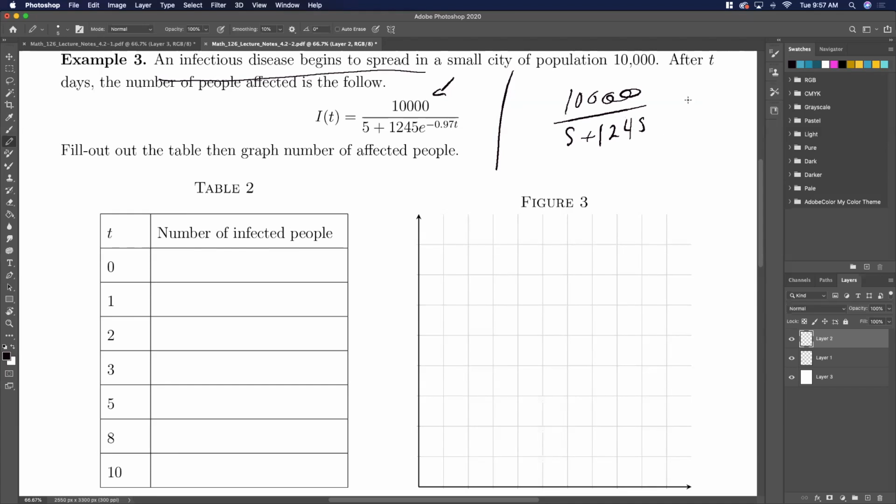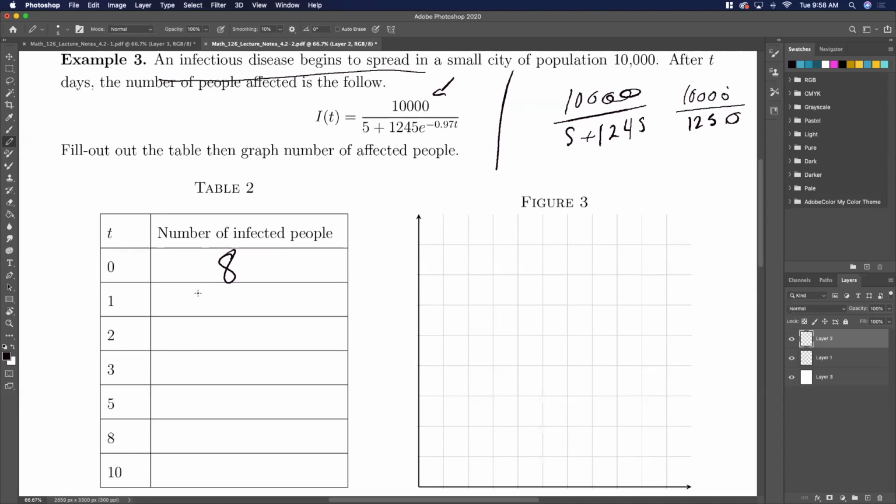So it'd be 10,000 divided by 150. You crunch through that, you'll get 8 people, because 8 times this will give me that. So we start with 8 people infected.